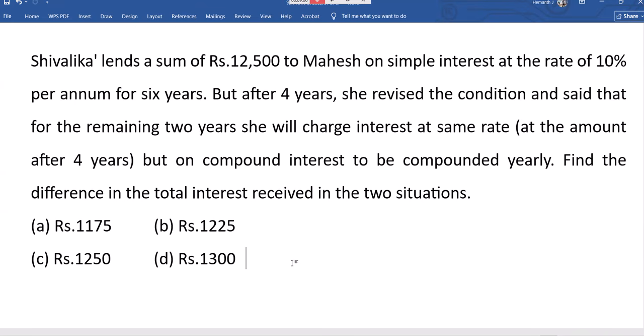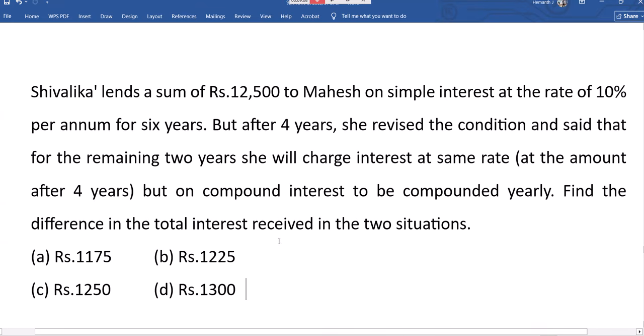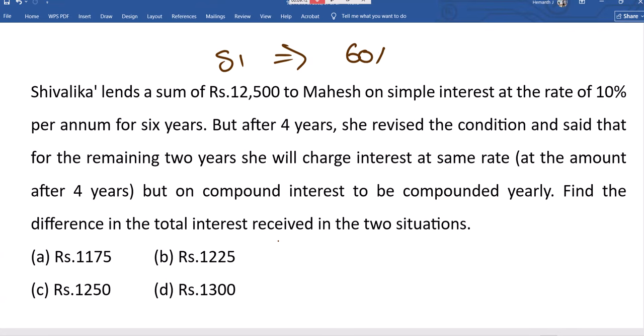First situation is very easy. 10% per annum for 6 years means 60%. 10% is 1,250, 60% on principal, which is 6 times, I think 7,500 is the answer. First case, interest is 7,500.